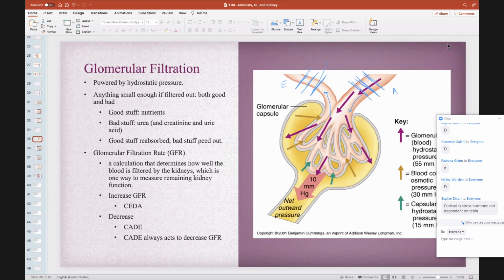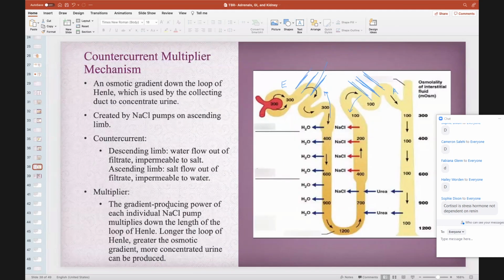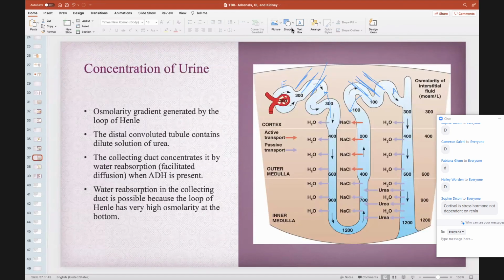Okay, so multiplier mechanism. I don't like this picture. I need to actually adjust that picture. Let me annotate, clear all drawings. Okay, we are all good.